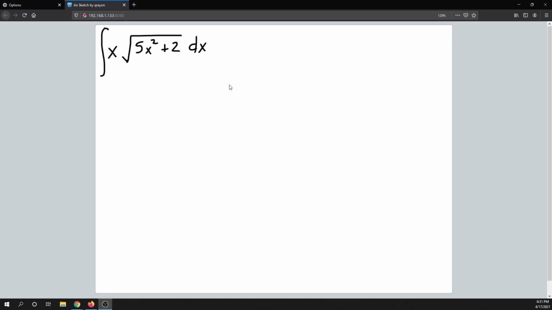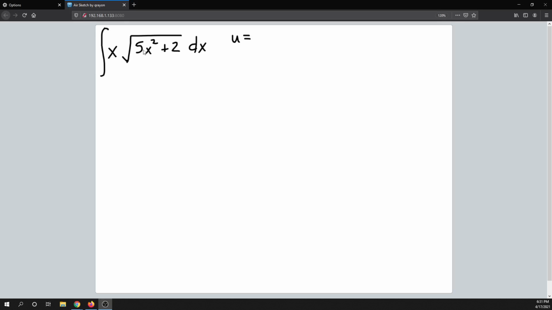And so we're going to pick a value for u. Good choices for u at the top of the list are things that are inside other parts of the integral. And in here, that looks like it would be this expression here, 5x squared plus 2. Another good choice for u would be things whose derivatives are almost factors of the integrand.